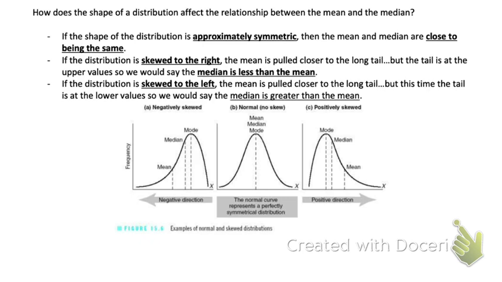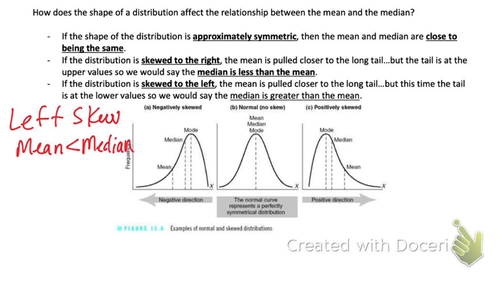It's trying to average in these extremely low numbers. The further down your low number is, the further down the mean comes. So in a left skew distribution, your mean will always be lower than your median every single time. So this is left skew. Your mean is less than your median.